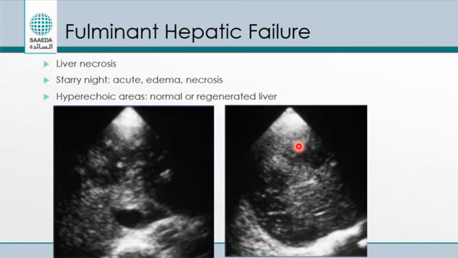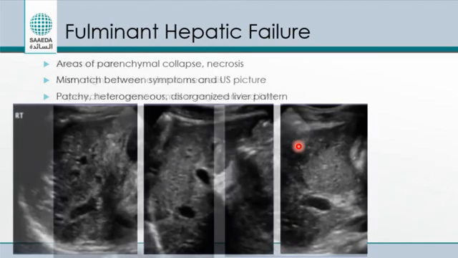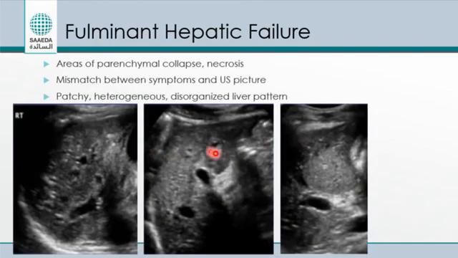For example, you can see in this case here, there are areas of normal liver, basically normal, while you see some abnormal increased number and size of the portal veins.